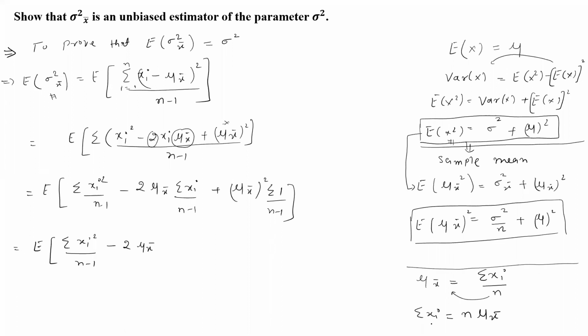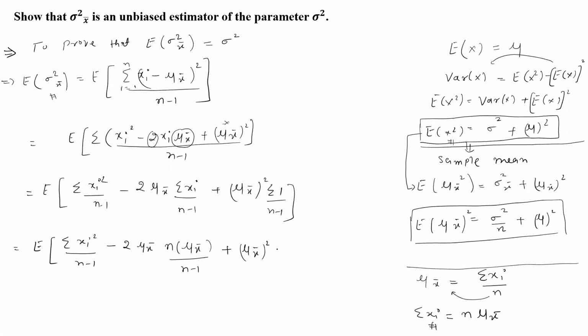All right, so now I will substitute the summation of x value as n times mu of x bar here. So this will become n times mu of x bar and whole divided by n minus 1 plus mu x bar whole square. Summation of 1 means 1 plus 1 plus 1 plus 1 up to n times.